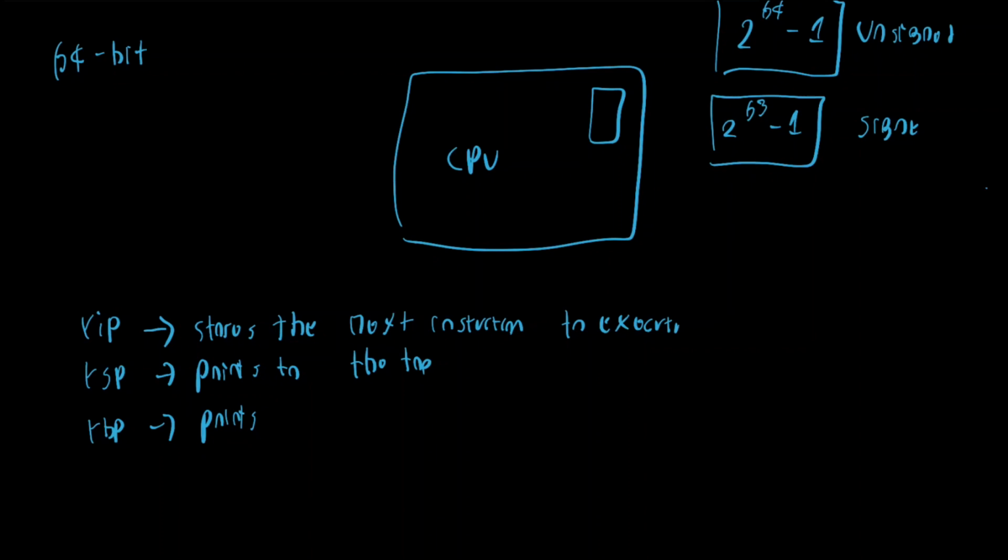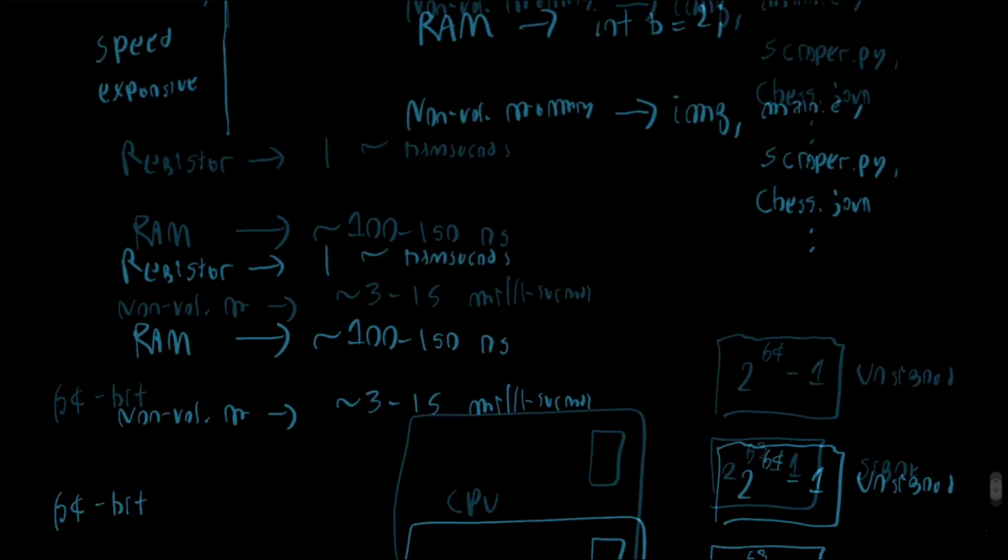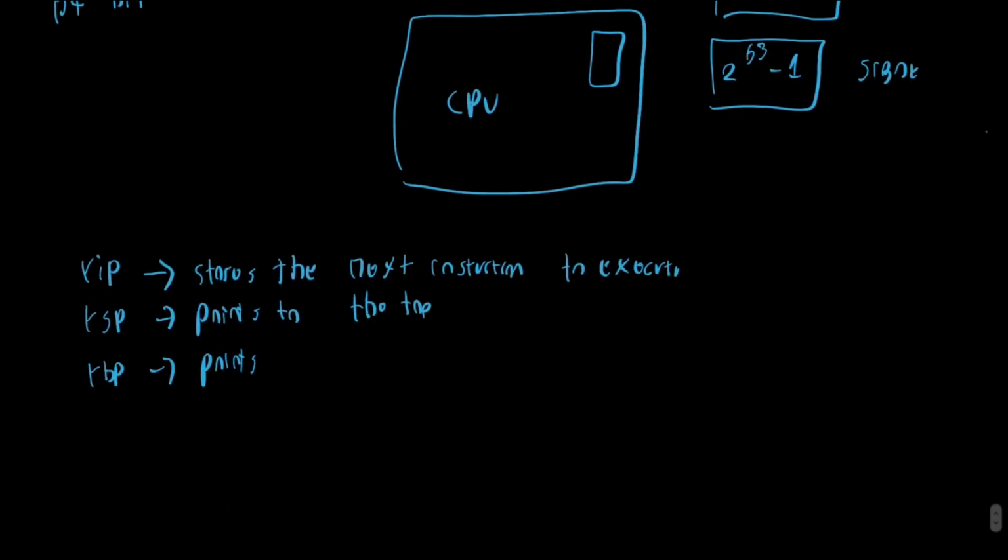Sometimes programs will run what is known as frame pointer omission, which basically frees the RBP pointer from its duty, and inside that program, you will be able to use RBP as another general purpose register. We will see what the RBP pointer does later more in depth. For now, don't worry about it, because it's a little bit difficult to explain before talking about precisely how the stack works and how assembly programs work in general.